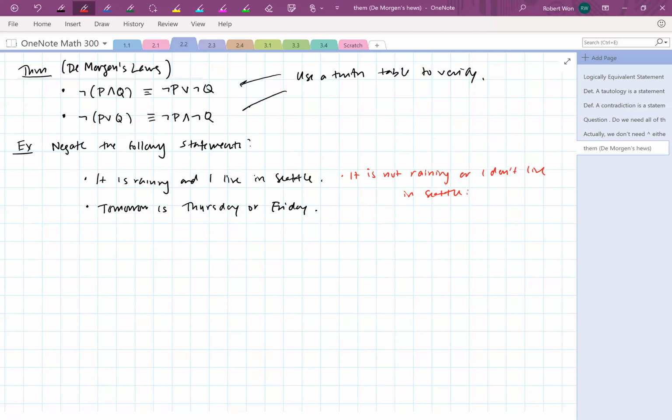That's not the negation of "It is raining and I live in Seattle," because for that statement to be false, it could just not be raining, right? If it's not raining and I do live in Seattle, that first "and" statement is still false, right? So if you put an "and" here, that's too strong for the negation.